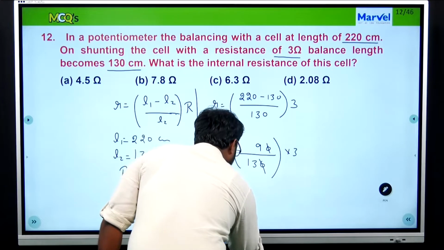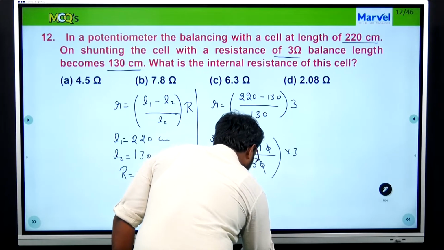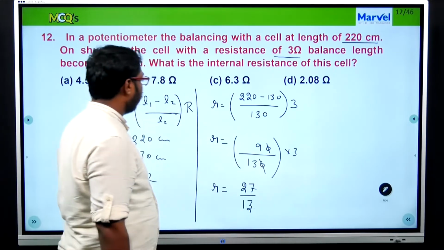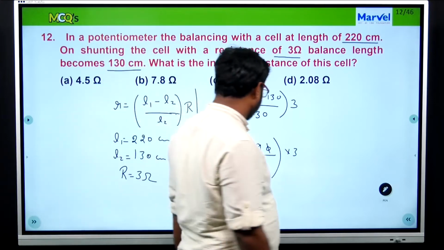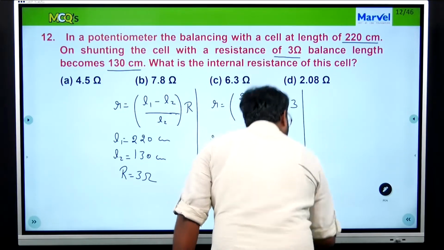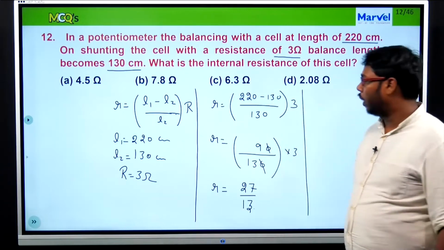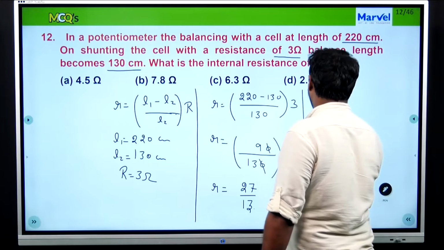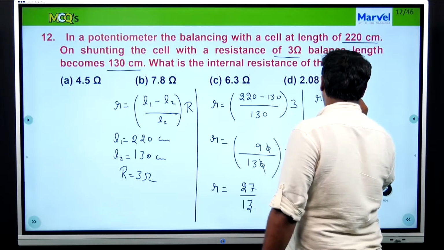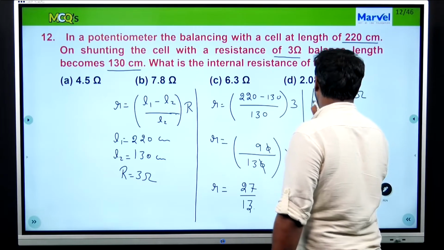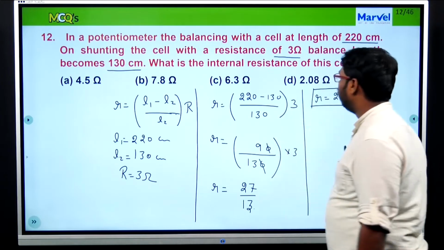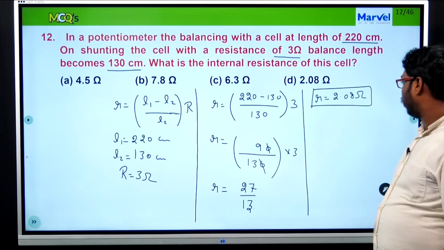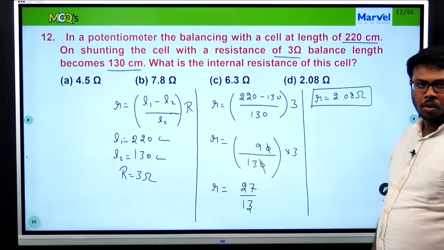So small r is equal to 27 by 13. Now you just divide this to get the answer. 27 by 13 is 2.08 ohms. So this is how the 12th question is done.